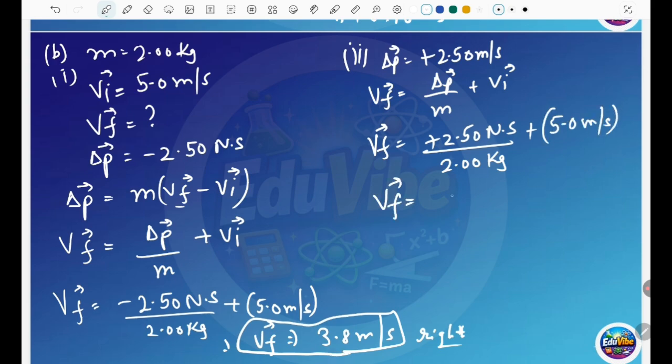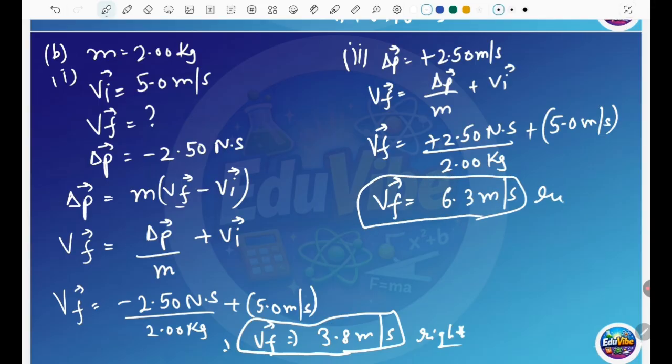When you calculate, you get Vf of about 6.3 meters per second, which is again to the right. So these are your two answers for this.